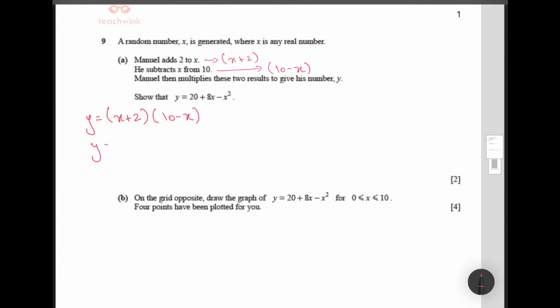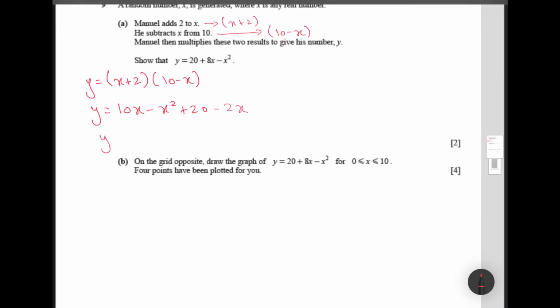Let's open this up. So we do x times 10, which gives us 10x. Then we do x times negative x, which gives us negative x square. Then we do 2 times 10, we get positive 20, and then positive 2 times negative x gives us negative 2x. Now let's simplify this equation.